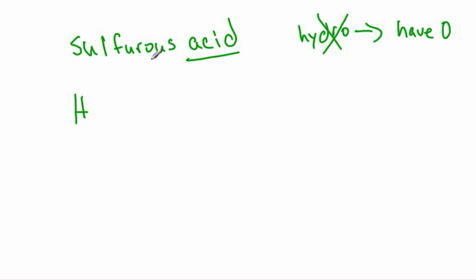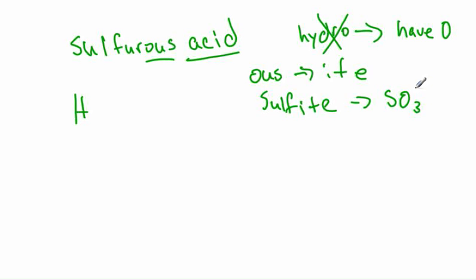So we look up sulfurous on our ion sheet. Ous came from something that had an ite ending on the ion sheet, so look up, it's sulfite. And sulfite is SO3 -1. So our acid is HSO3. The -1 crisscrosses with the +1, and you just have HSO3.